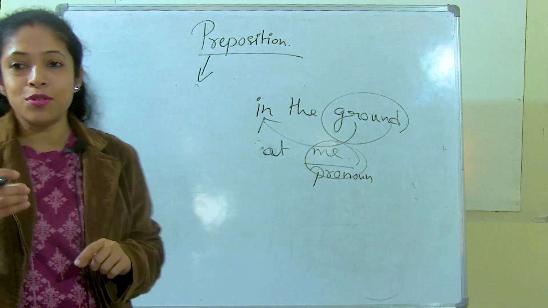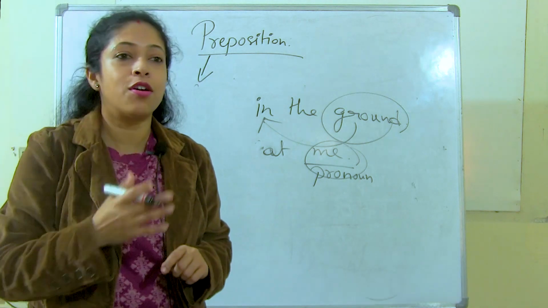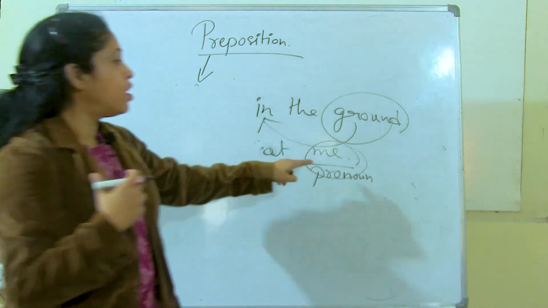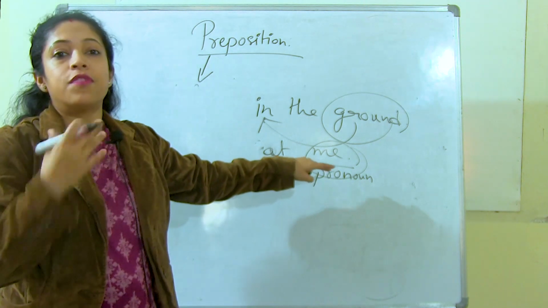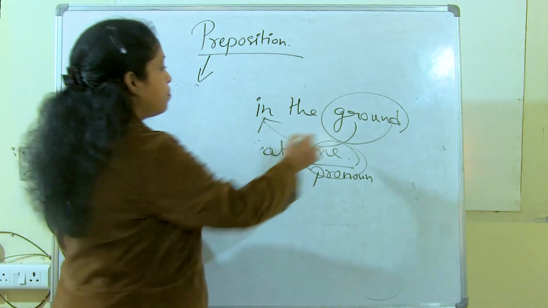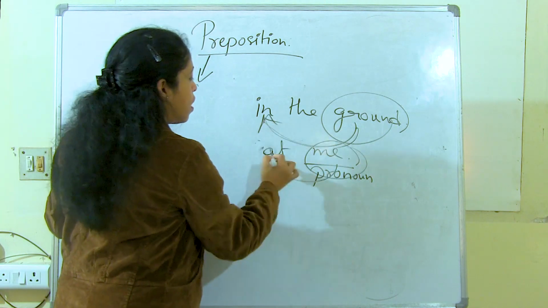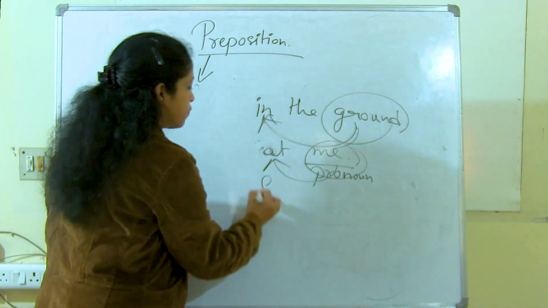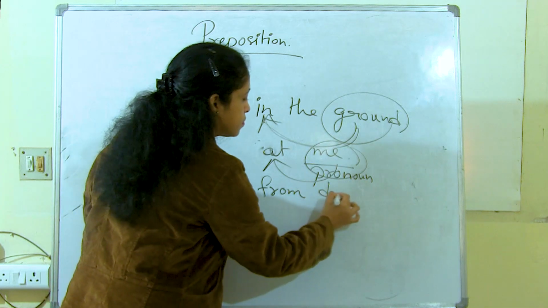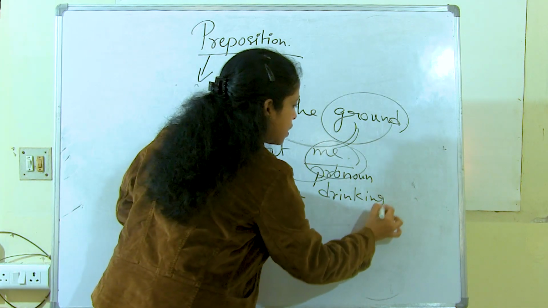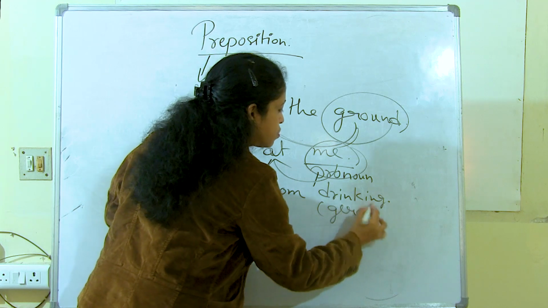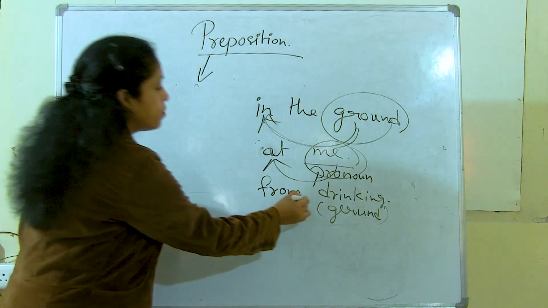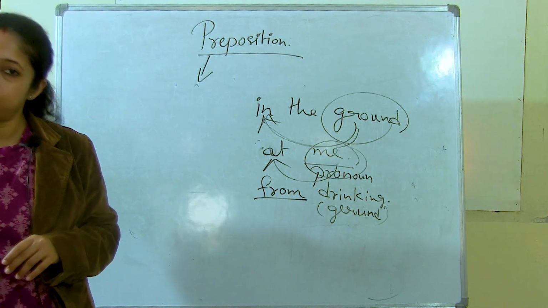Me is used instead of I, instead of a person. So the word used instead of a noun is called a pronoun. So before a noun, before a pronoun, and gerund we have already discussed. From drinking, drinking here is gerund. Understood? The first sentence that I said, from is a preposition here.